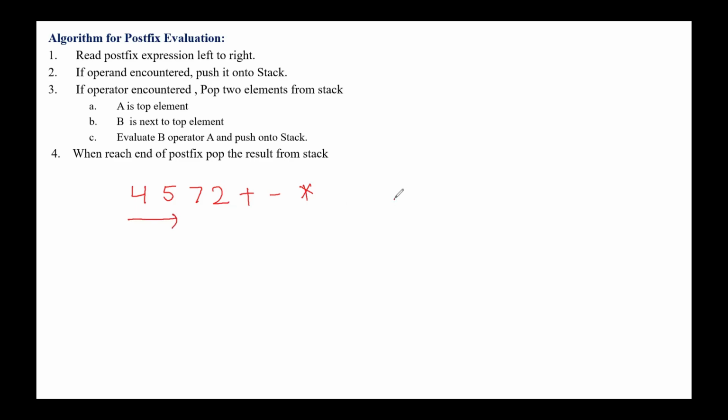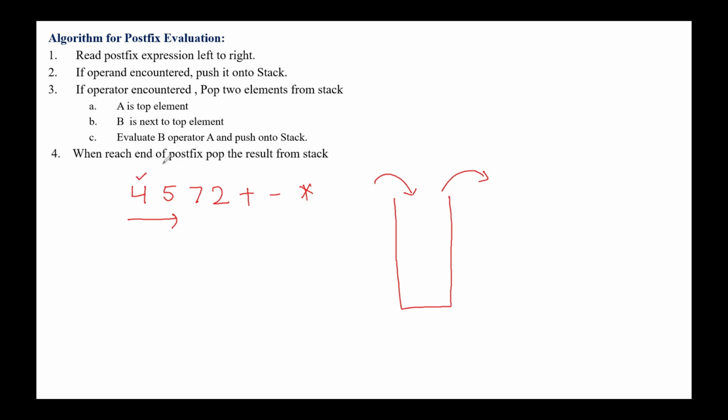So for example, this is our stack. This is the push operation, and this is the pop operation. If we encounter any operand, we have to push it into the stack. First one is the 4.